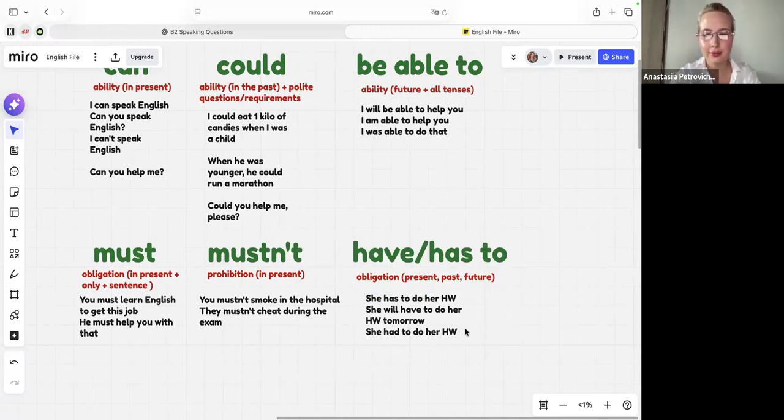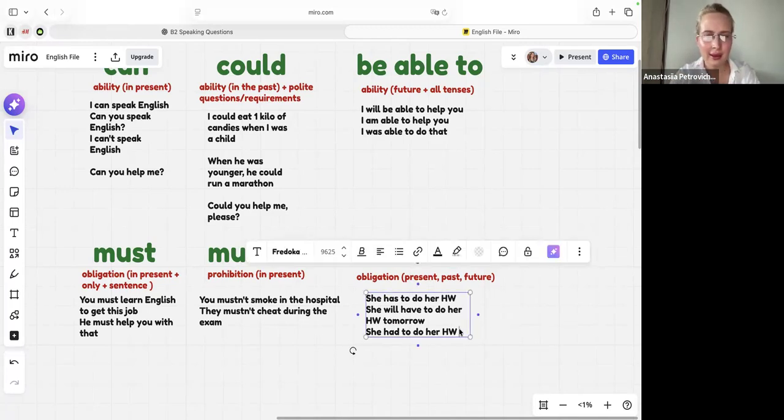And then the other thing that we need to write here is how to make questions also, yeah? So for that, you use the auxiliary verb, допоміжне дієслово, of the tense that your sentence is in, yeah? So for example, if it is present, you say do or does, yeah? So do you have to do that? Тобі що, треба це робити?